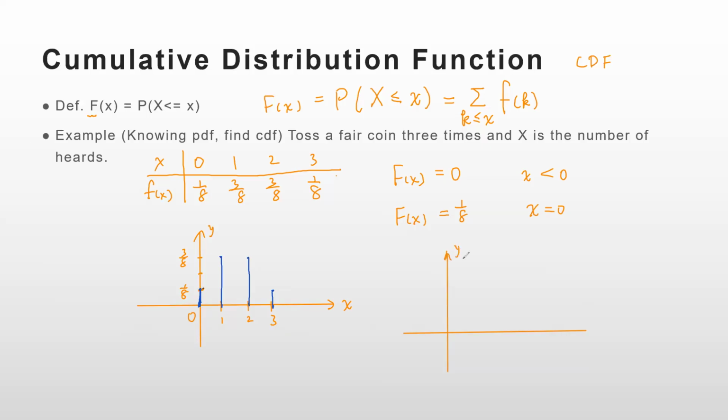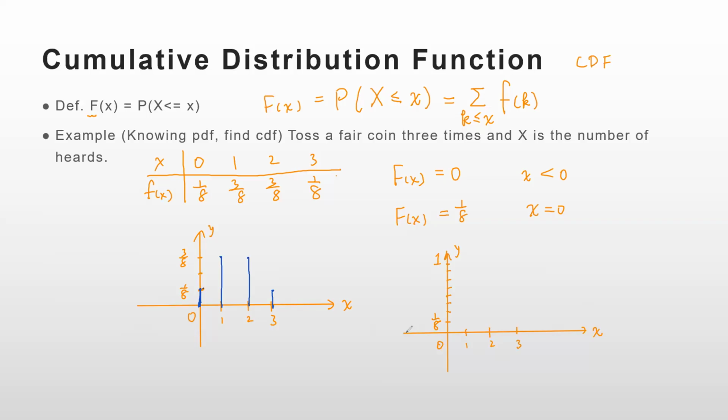So it's a probability, and then we have x. Let's start with 1/8, and 2, 3, 4, 5, 6, 7, 8. It's 1. This is 1/8. 0, 1, 2, 3. For the CDF, again, focus on the word cumulative.